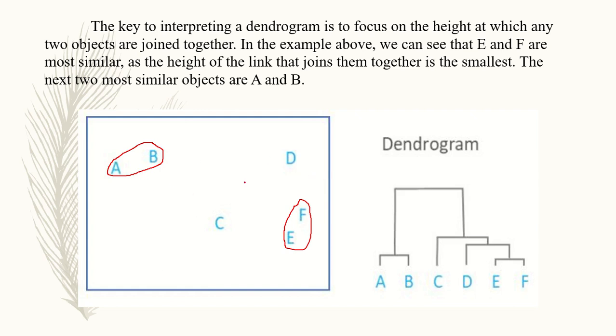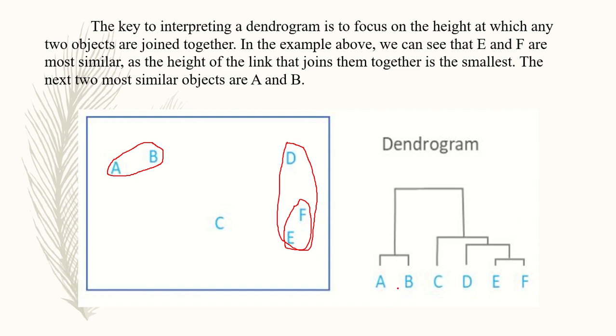For this cluster, this one is furthest, so the smallest is D. We select this and form these 3 as one cluster. We can see here D has come with this, so these 3 will form one cluster.